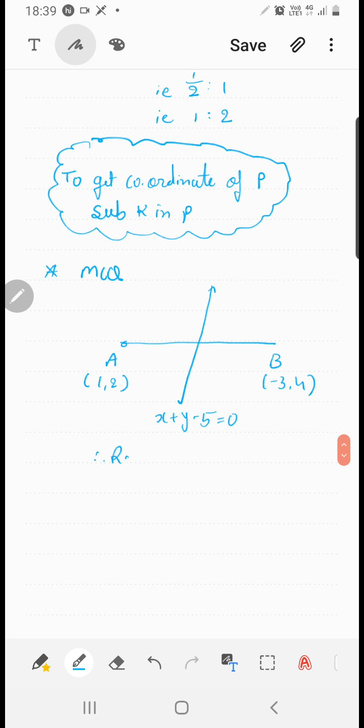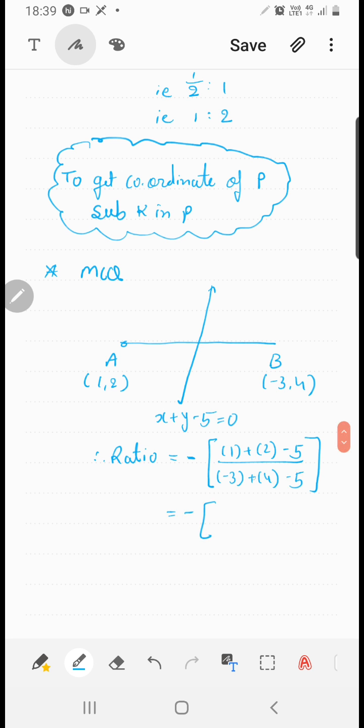Now here we directly start with ratio is equal to minus of, let us take the point and substitute in the equation. In the numerator, in place of x we put 1, in place of y we put 2, minus 5. In the denominator, in place of x we put 3, in place of y we put 4, minus 5.